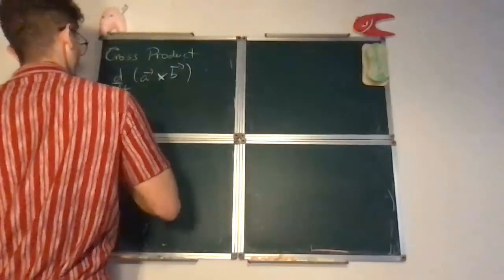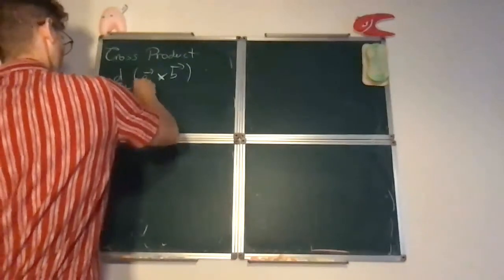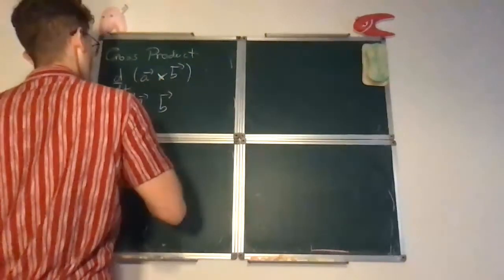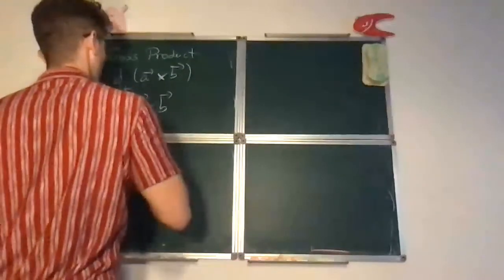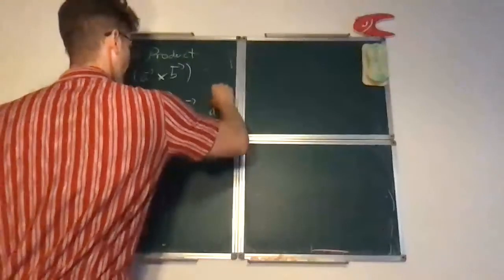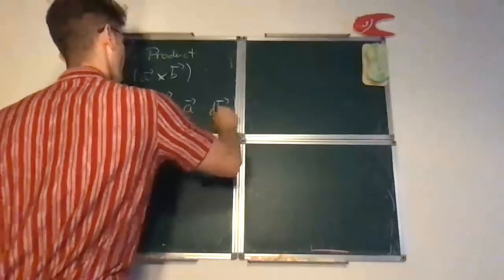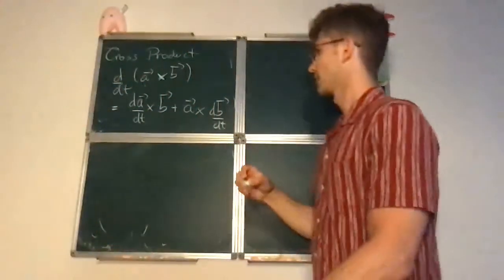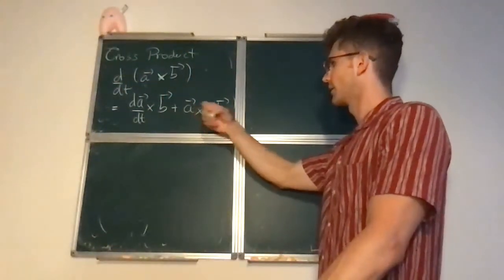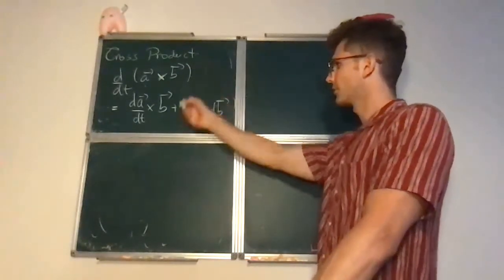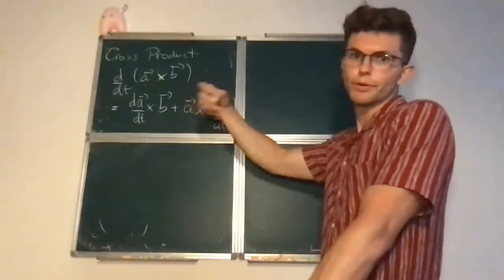So the derivative of the first one times the second, but now times becomes cross, plus the first one times the derivative of the second one, but now the times becomes cross again. So probably this is what you would have expected.